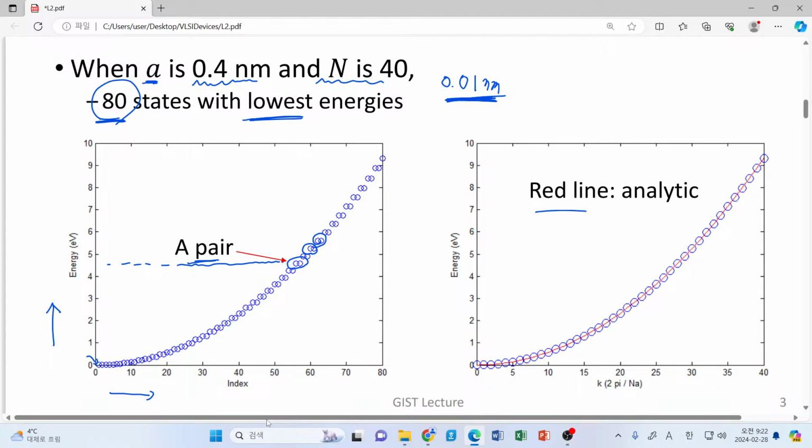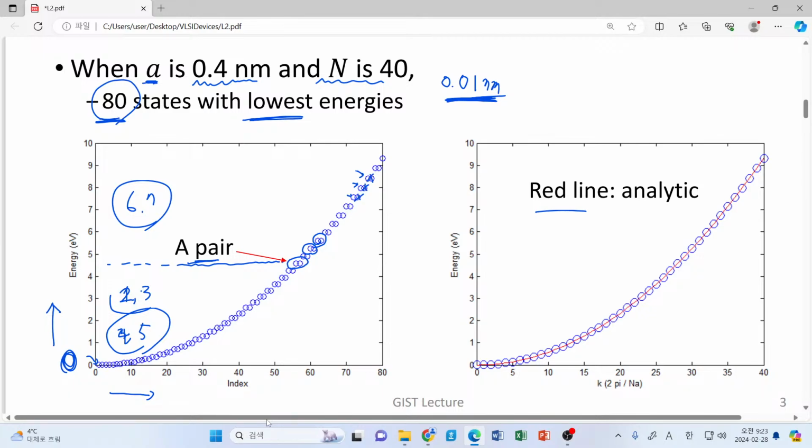If we go to the very first one, it has energy 0, and index 1 and index 2 and 3, they have the same number. Index 3 and 4 and 5, they have the same energy. Also 6 and 7, they have the same energy. So in this right figure, I just eliminate the duplicated one and draw one of them. For example, I took this one and eliminated this duplicated one.